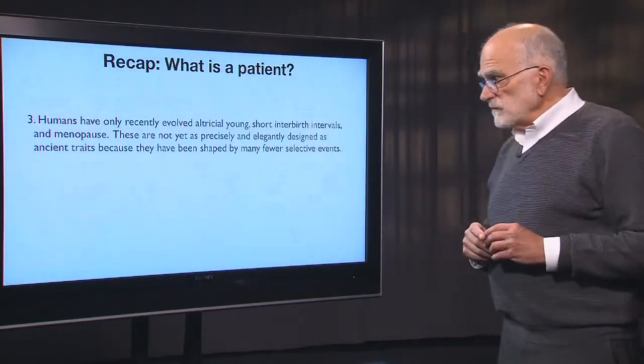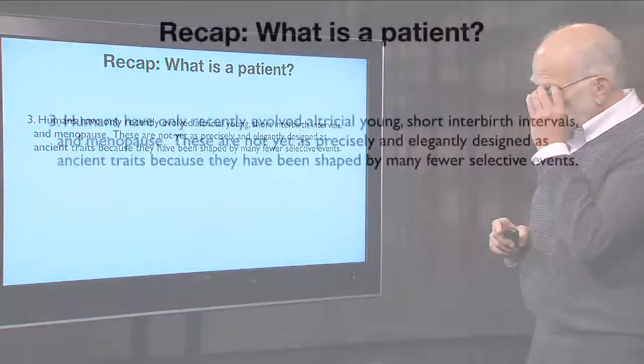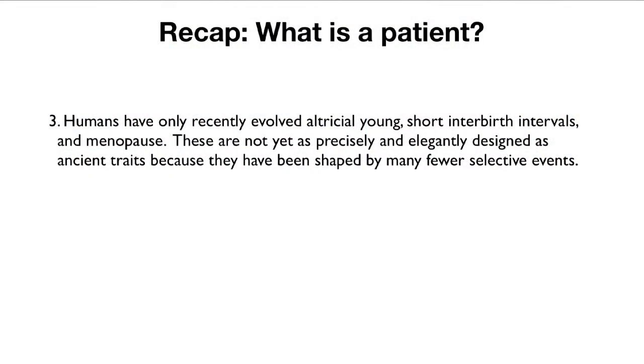Humans have only very recently evolved altricial young, that is, young that are helpless at birth, short interbirth intervals, and menopause. These conditions are not yet as precise or as elegantly designed as ancient traits, simply because they have been shaped by many fewer selective events.